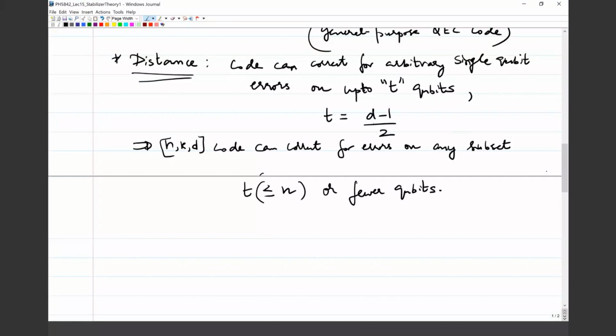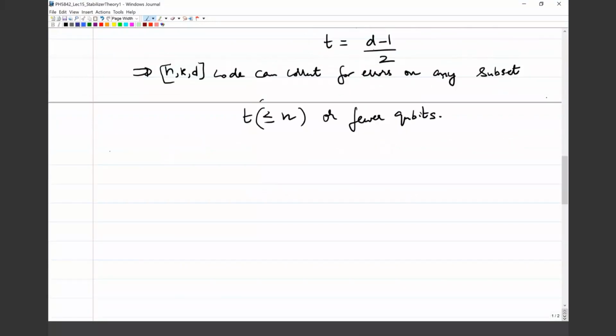So let's now look at some of the codes that we already know and try to write them in this way, okay? So, for example, what about the Shor code? What are the code parameters? What is N? What is K? And what is D?